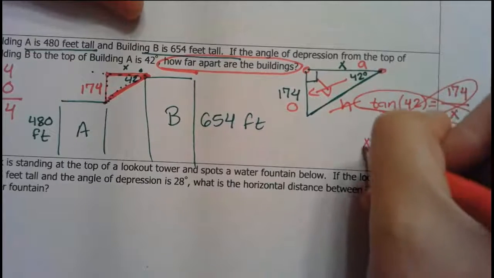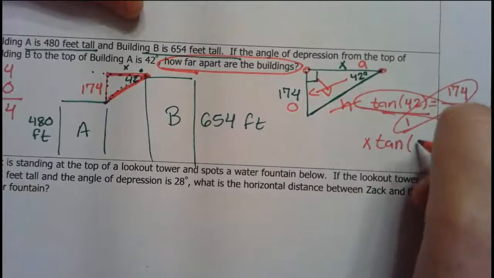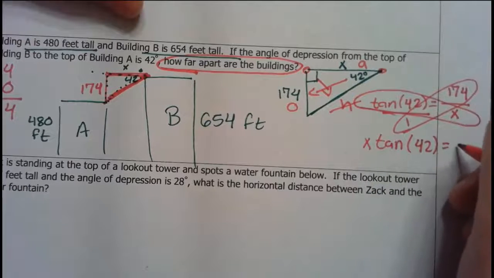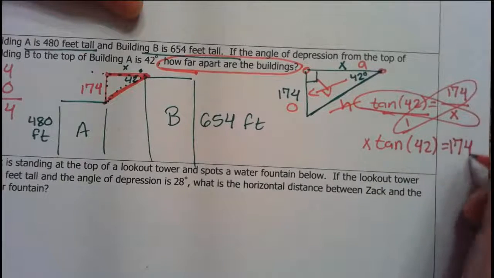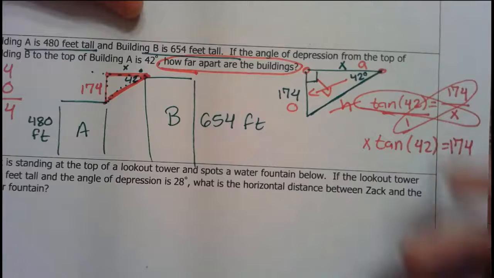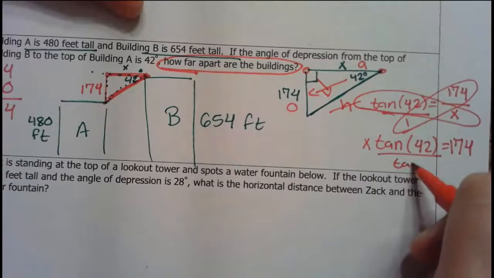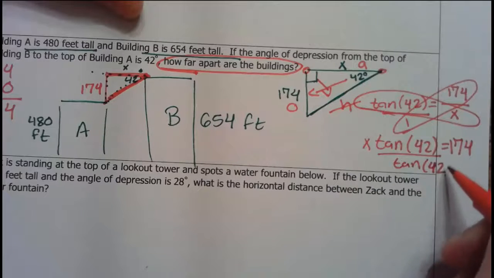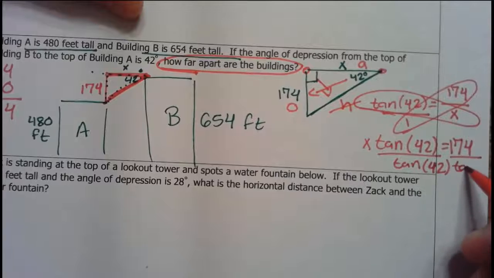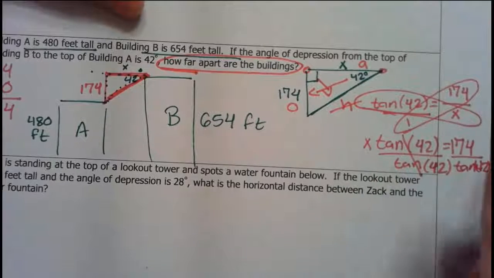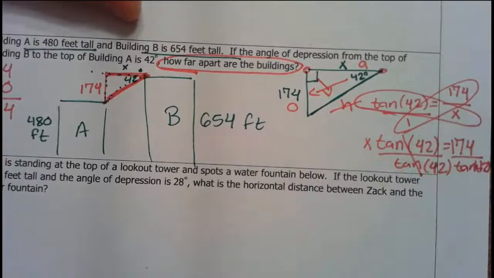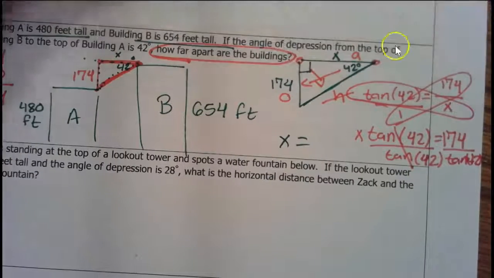And you've probably noticed that these get pretty repetitive. They just have an extra step. You've learned how to do this. Now add this. Let's get x by itself. So I'm going to plug that in the calculator. 174 over tangent of 42.